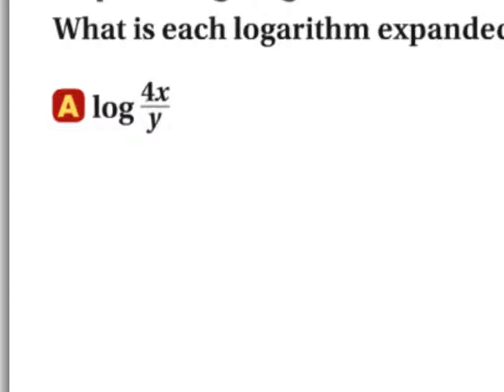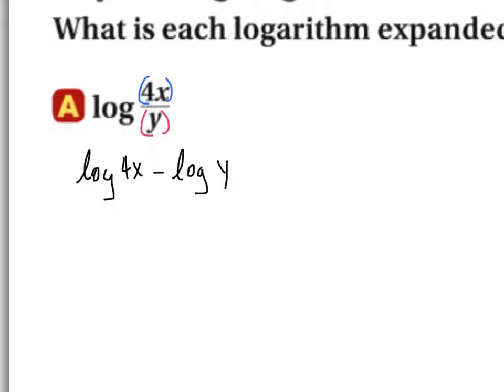Look at the rules at the top of your page. It's called the quotient property. I subtract 2 logs. I've got the log of 4x over y, and so I break that apart as log 4x minus log y. By the way, what's the base of those logs? 10. That's the common log.